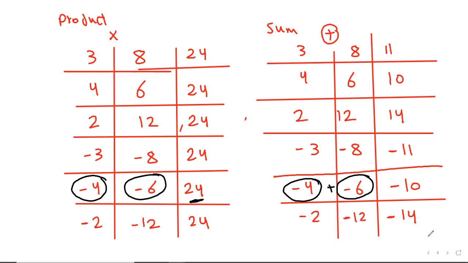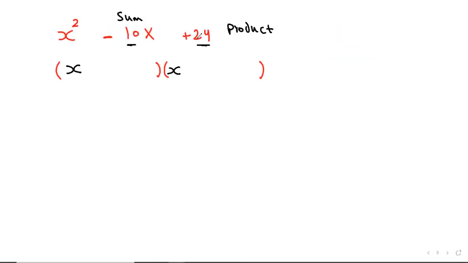So when factorizing this expression, you must look at the last term and at the same time look at the middle term. So you need 2 numbers, their product 24 and their sum negative 10.